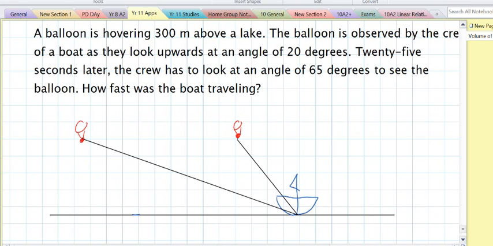Alright, we have no right angles. How do we get them? Down? Yeah. So dropping lines vertically is a good way to get right angles. From there and from here as well.